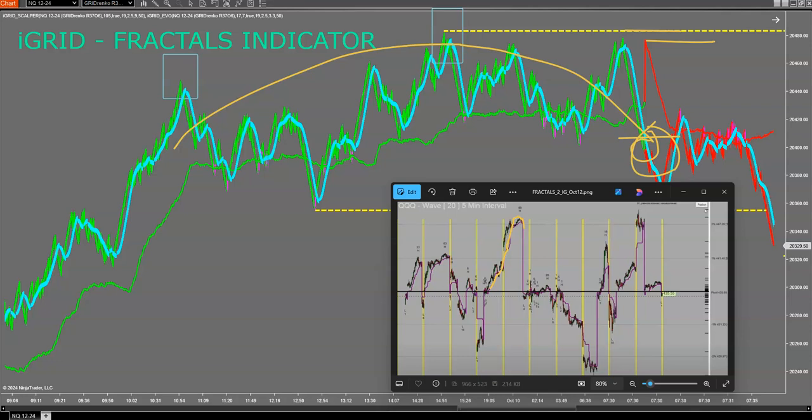So does that kind of make sense to you? So we're using two non-correlated indicators to operate playing the edges of the market.